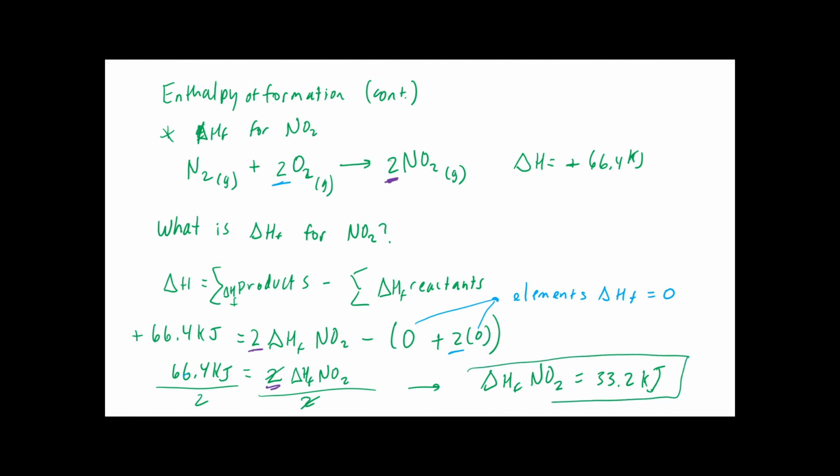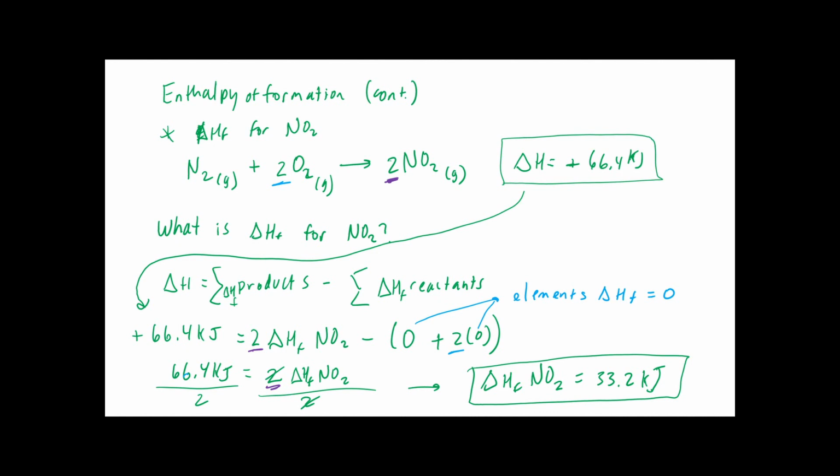So you should know how to do that for the test, right? All you're doing is, remember, we're going to put our products minus the reactants. And if we already have the delta H, this is going to go over here, right?